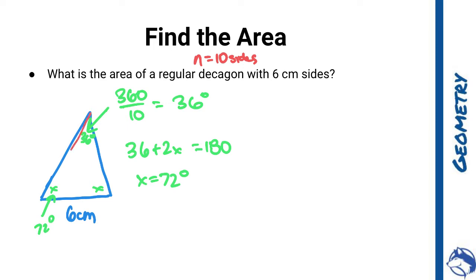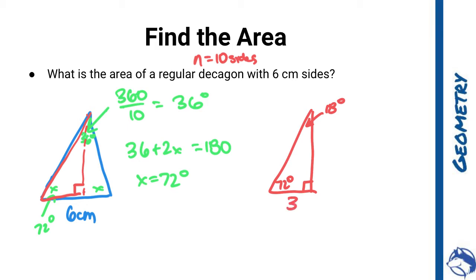So I'm then going to draw the smaller triangle right here because I need to find the apothem. So if I redraw that over here, well, I know that this is 72 degrees. This is half of 36, which makes it 18 degrees. This is half of the side length right here, which has to be 3. And I'm searching for my apothem.